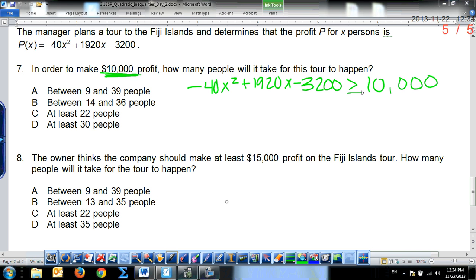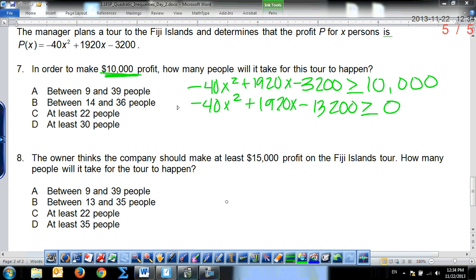Or equal to, I guess you could say. Do y'all agree with that? He wants his profit to be more than 10,000. Or equal. Okay, go ahead and get this set to 0. So negative 40x squared plus 1920x minus 13,200 is greater than or equal to 0.